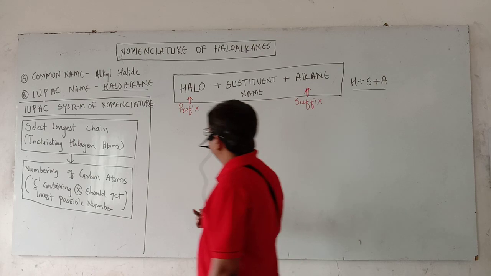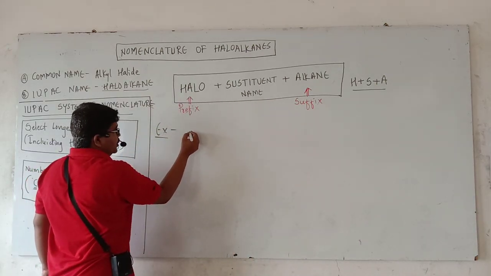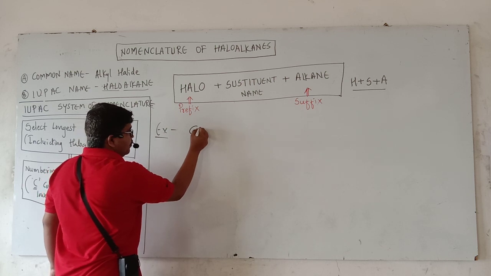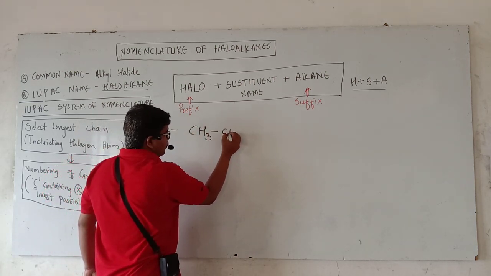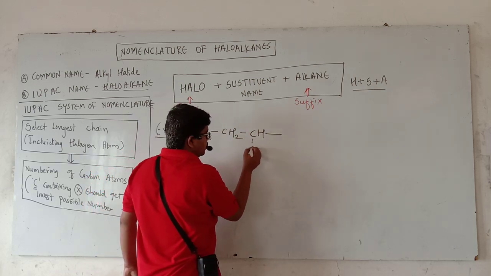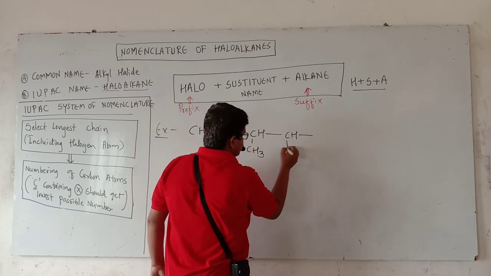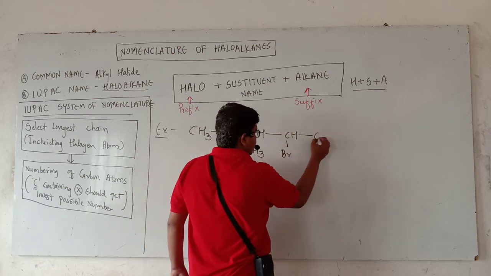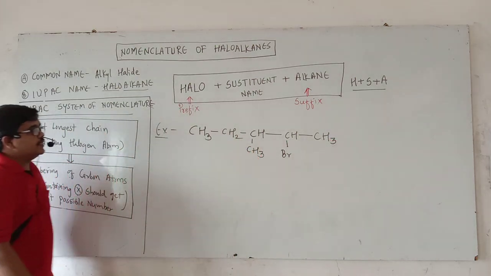Okay. For example, consider CH3, CH2, CH, CH3, CH, Br, CH3. Consider this example.